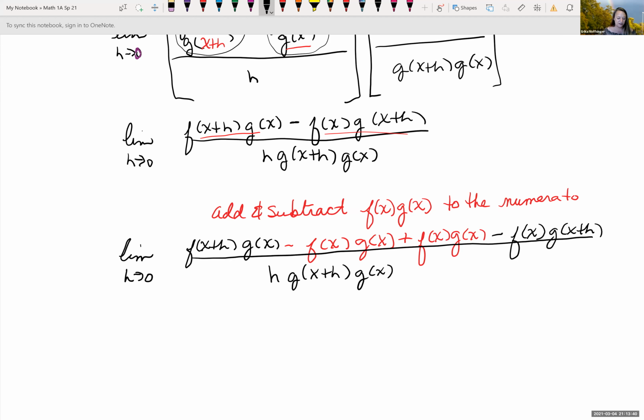Okay, so the whole point of this is so that we can regroup this and factor by grouping. So notice that we have 4 terms, groupings in the numerator, and let's factor by grouping.